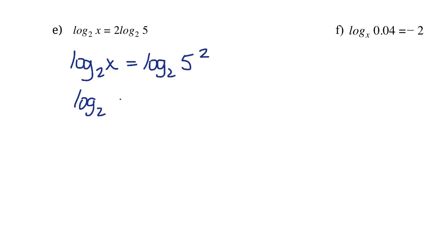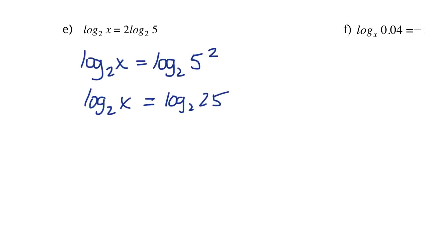Log base 2 of x is equal to log base 2 of 25, clearly, right? So by inspection, because the bases are the same, the things inside the logs have to be equal. So we could say, therefore, x must equal 25.